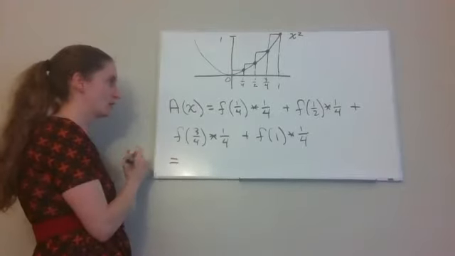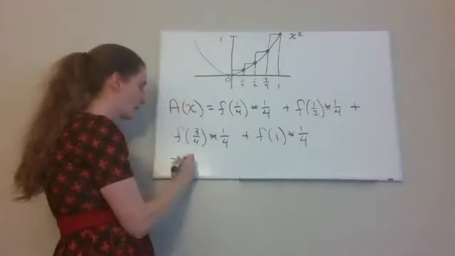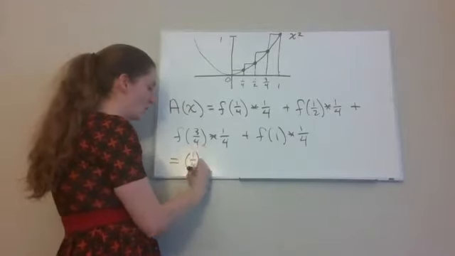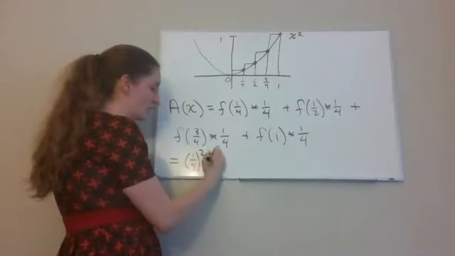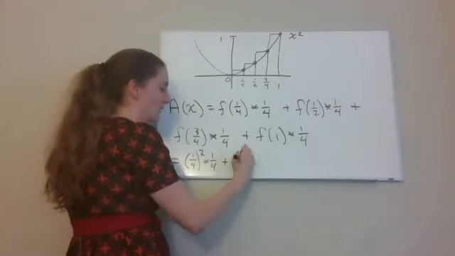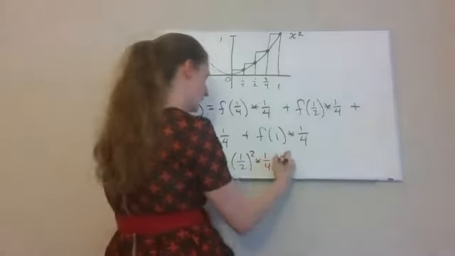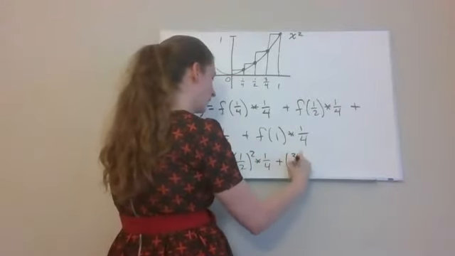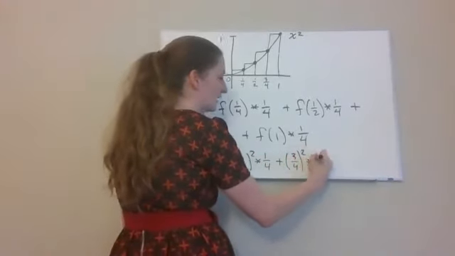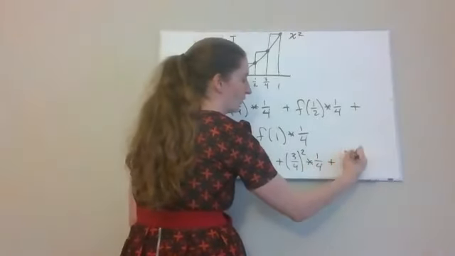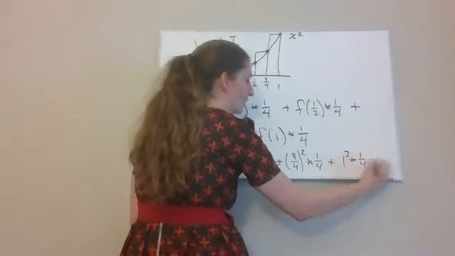And this is equal to, well, my function's x squared, so I'm going to have 1/4 squared times 1/4 plus 1/2 squared times 1/4 plus 3/4 squared times 1/4 and plus 1 squared times 1/4.